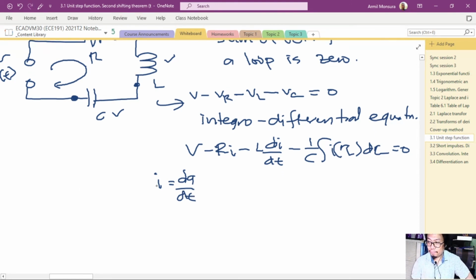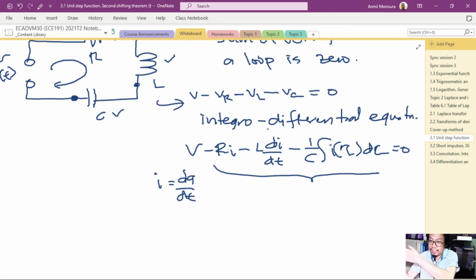So I replace I with dq over dt, transposing all of the negative terms to the other side so that everything is positive, placing the voltage source on the right side and the variables on the left side.